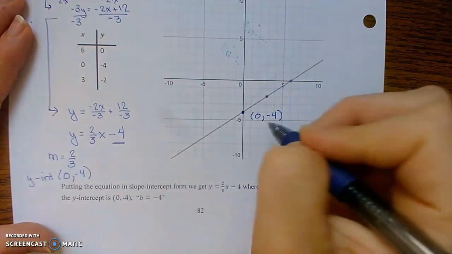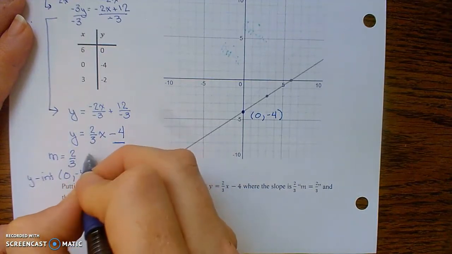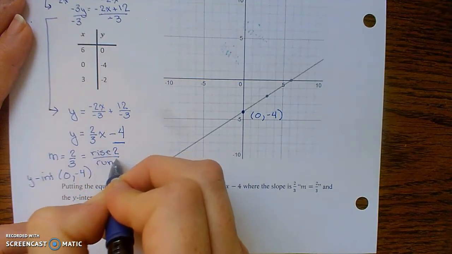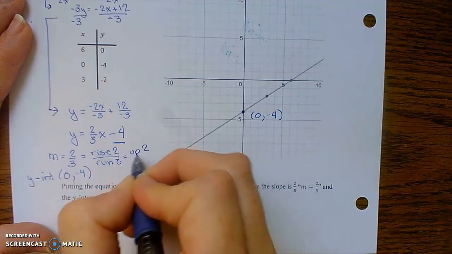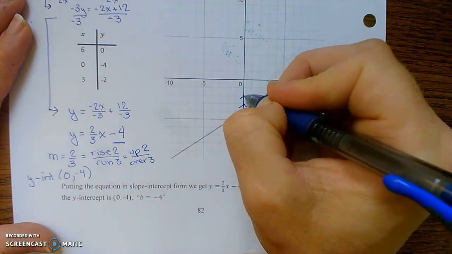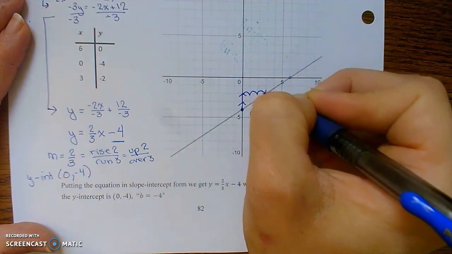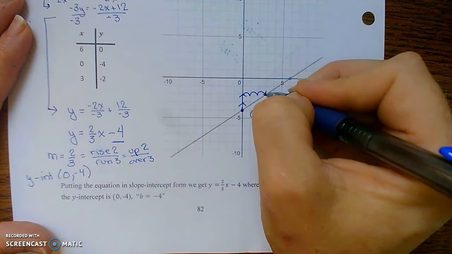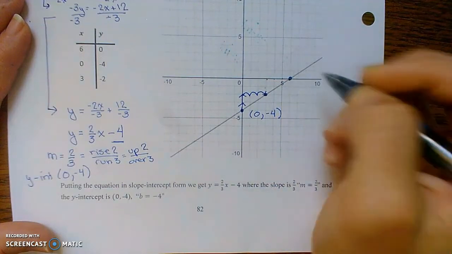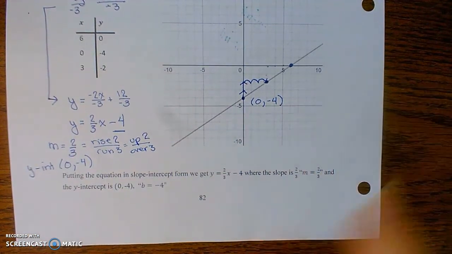And then you'll see in the next section, we can use the slope, up 2 over 3, so rise 2, run 3. Or I like to say up 2 over 3. To go up 1, 2 units from that point and over 1, 2, 3 units to get the next point on the line. And you can keep going like this, up 2 over 3 to get this point on the line, and then connecting those points gives you the same graph.